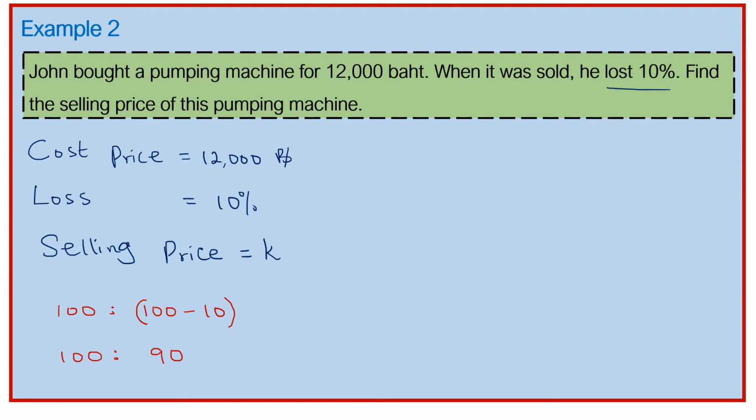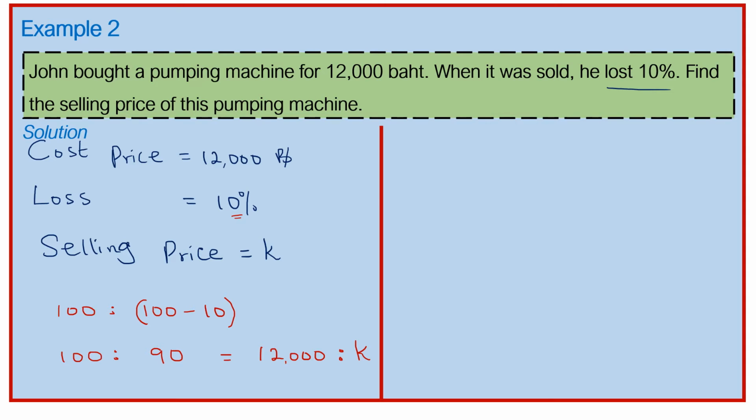Or if I buy something for 100 baht, I sell it at 90 baht. So I make a loss of 10%. So this is equal to, when the cost price is 12,000 baht, then the selling price was K.